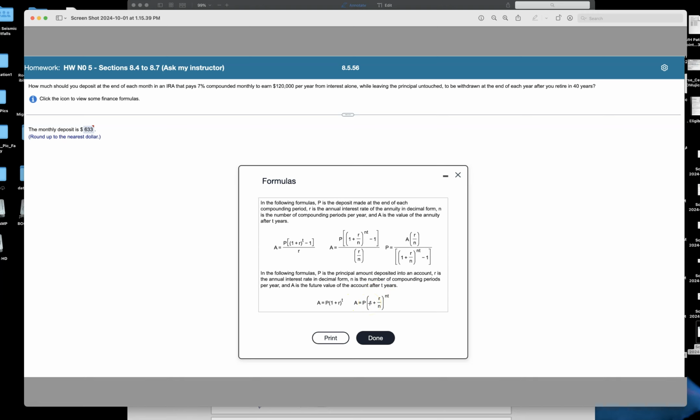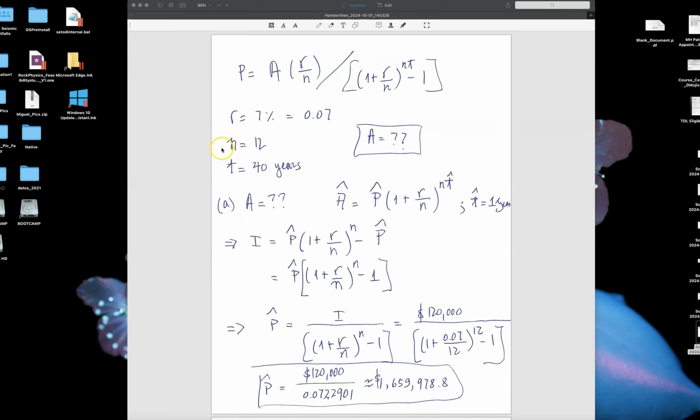This is a compounded monthly transaction in which n is equal to 12, and now the time is only 1 year. If I put this money, which I call here P hat, it is going to produce all this amount.